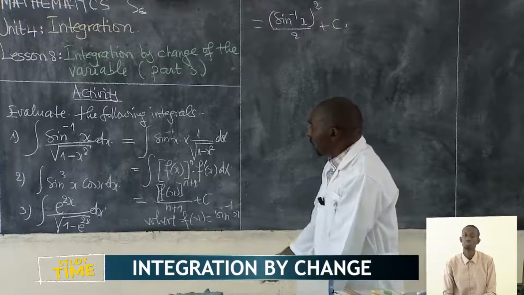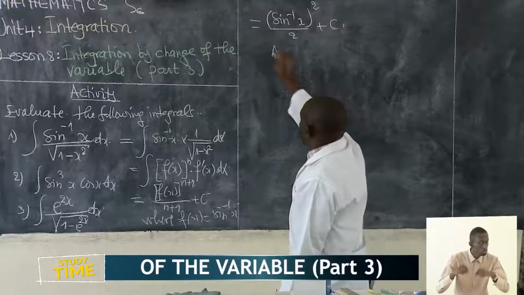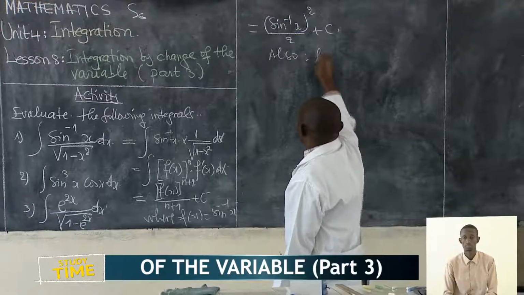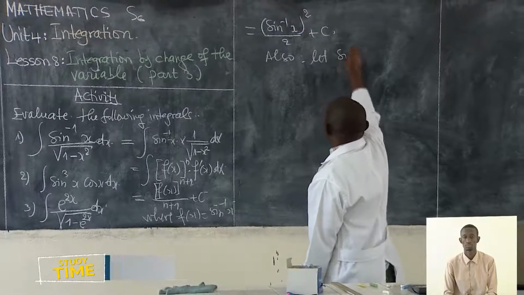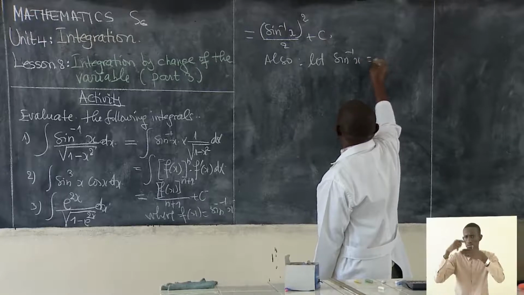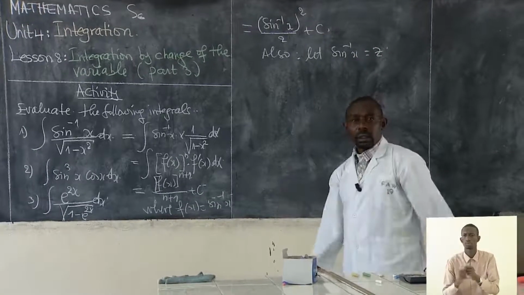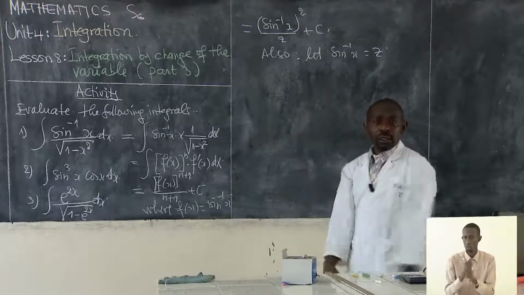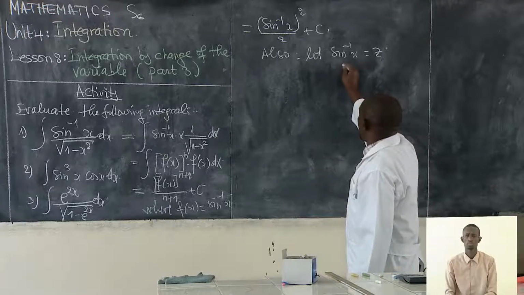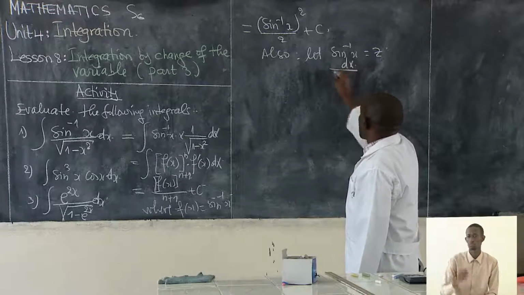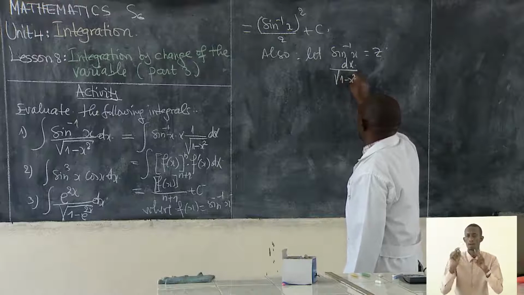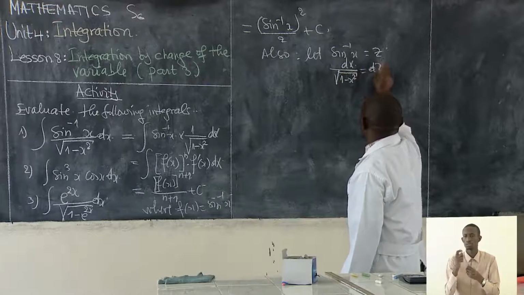Also, if you want, you can let sine inverse of x equal z, for instance. So differentiating both sides, you'll have dx divided by square root of 1 minus x squared, which is equal to dz.